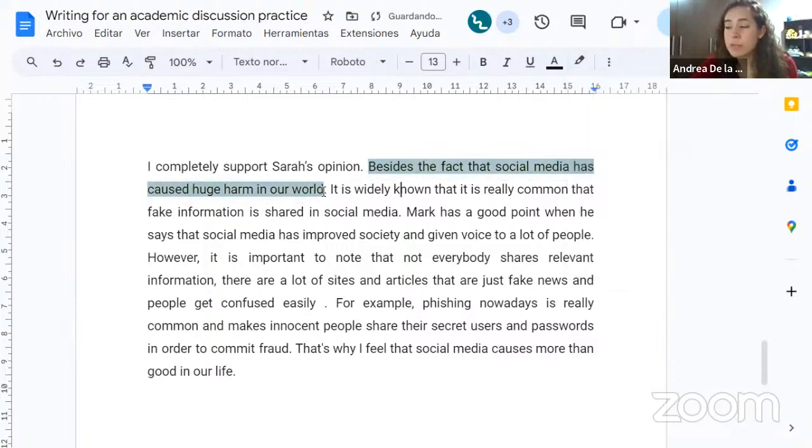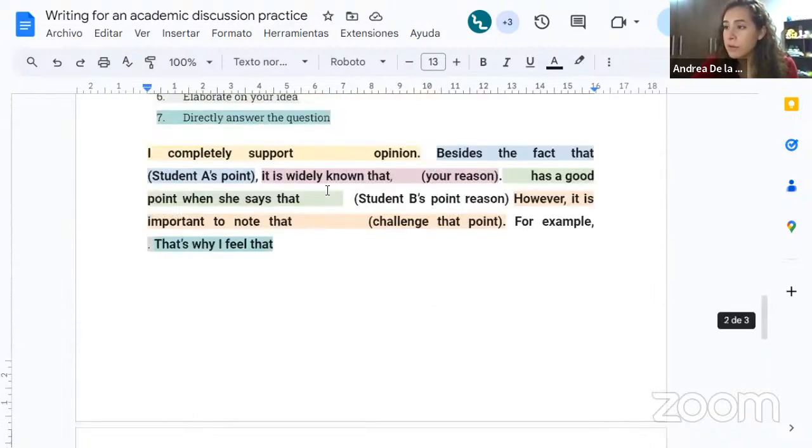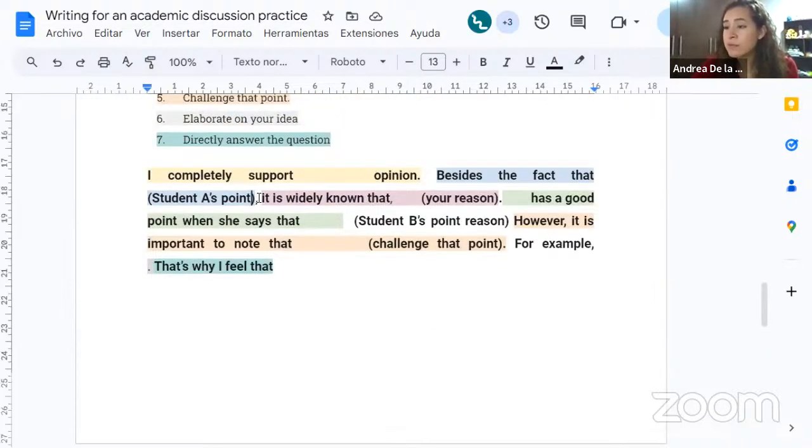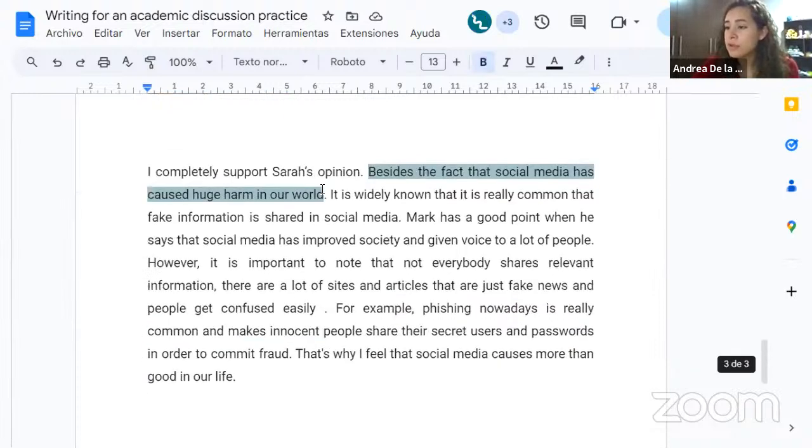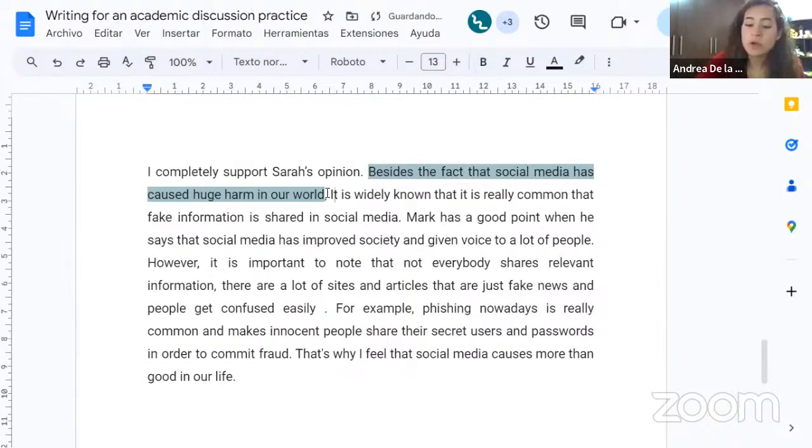Second thing, careful with the punctuation. In this part, you don't need a period. What you have to use is a comma. So use a comma, and then you need to talk about your own reason, right? So let's see, it says, besides the fact that social media has caused huge harm, it is widely known that it is really common that fake information is shared in social media.